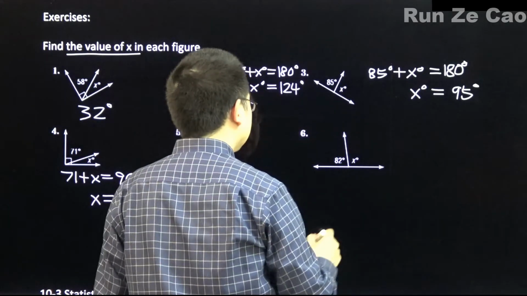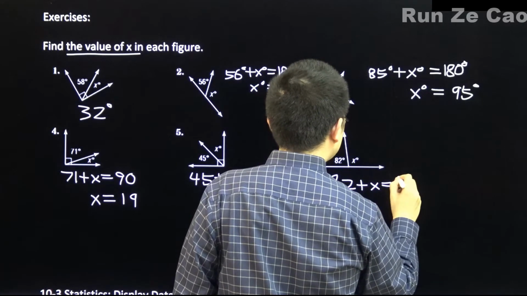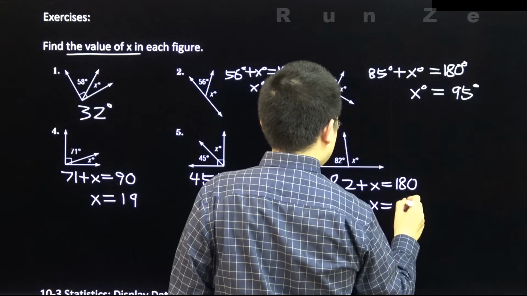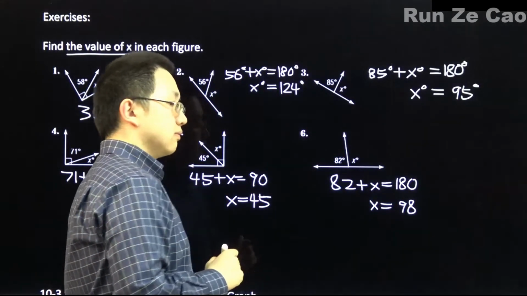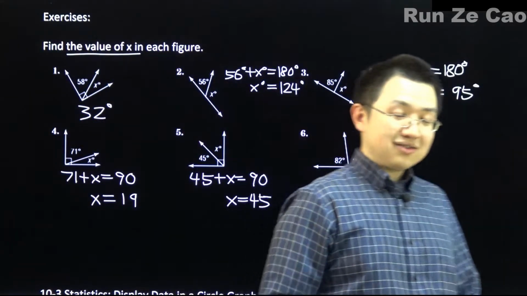And here we have 82 plus x equals 180. x is 98. Yeah, so those are the values of x.